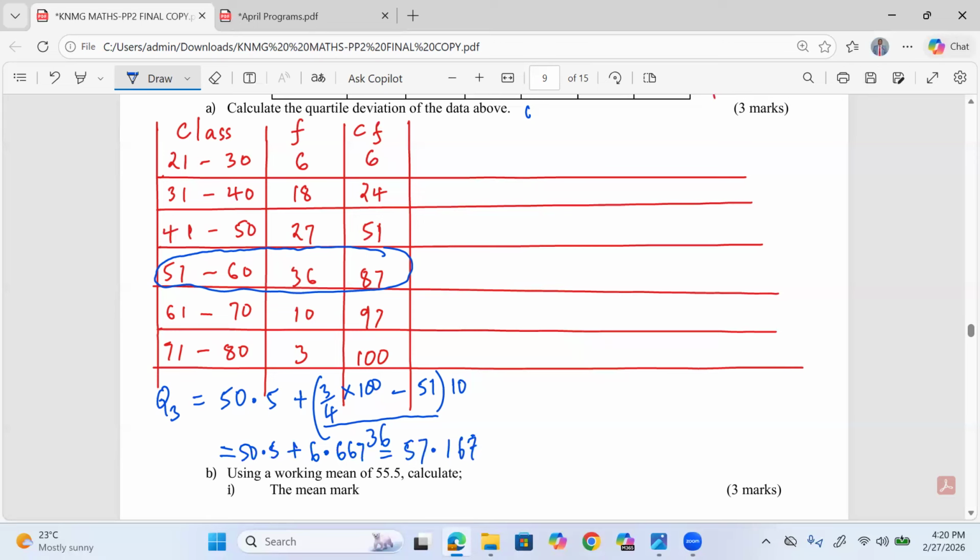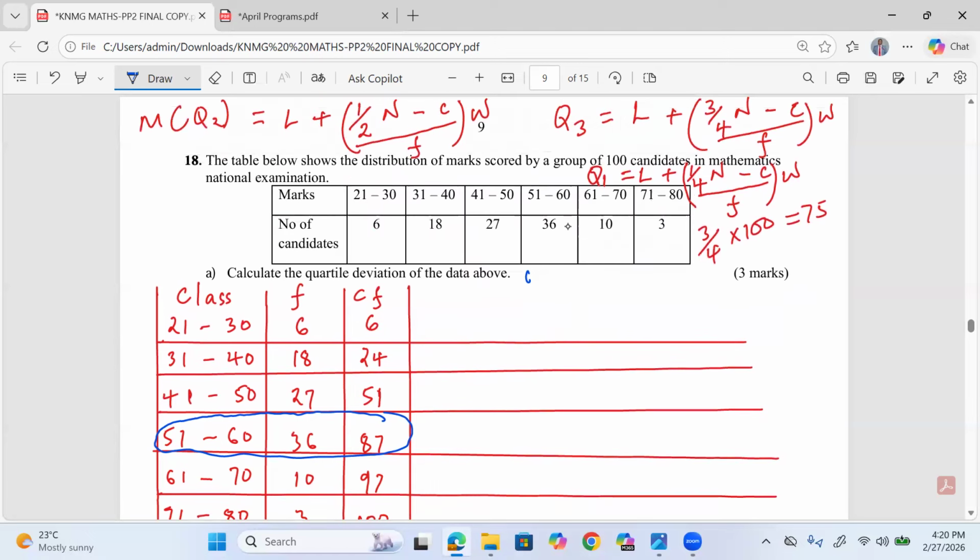So we check Q1. For us to get Q1, we take 3/4 of the total data, which is giving us 25. So we check according to cumulative frequencies. Where is the 25th learner accommodated?